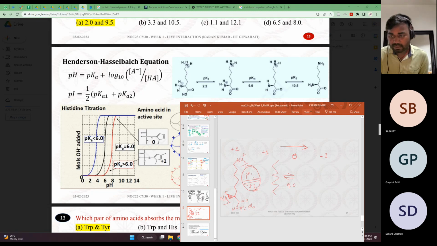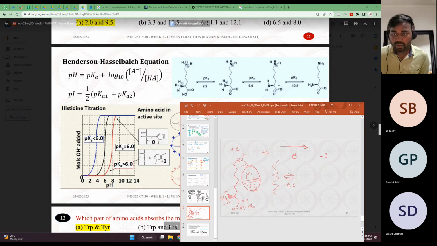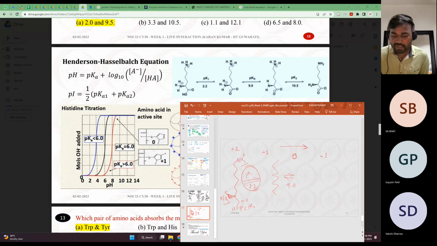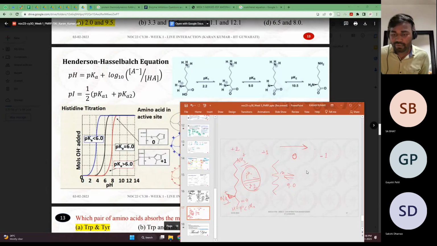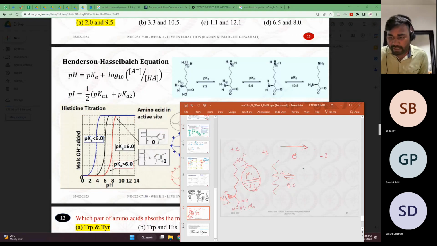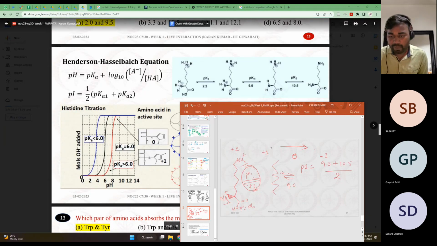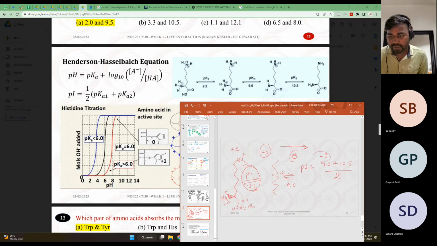Is it clear? So for arginine, if you are calculating the pI value, which pK values will you take? pI is equal to this one, 9.0 plus 10.5 divided by 2, because these two transitions are giving you plus 1 to 0 to -1.